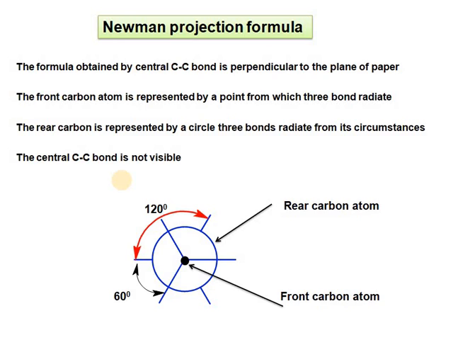The front carbon atom is represented by a point which has three bonds. This is one bond, this is three bonds, and the rear carbon is represented by this circle.